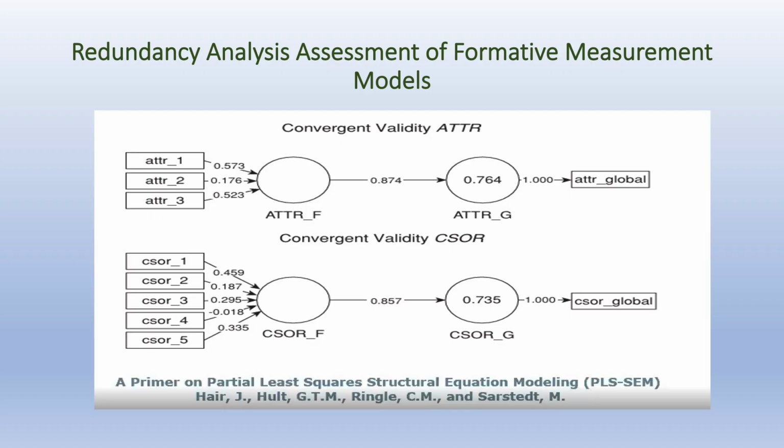The original formative construct is labeled ATTRF, whereas the global assessment of the company's attractiveness using a single item is labeled ATTRG. As we can see, this analysis yields a path coefficient of 0.874, which is above the recommended threshold of 0.70, thus providing support for the formative construct's convergent validity.